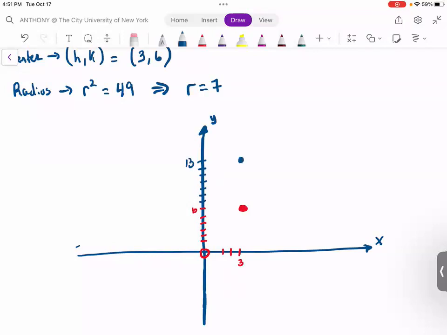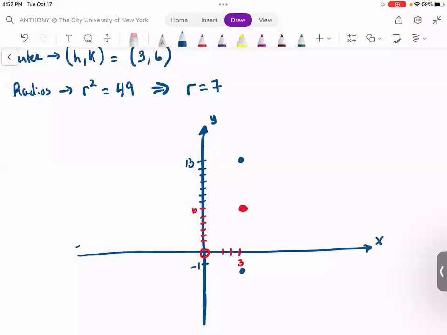I'm not labeling the points, because if I plot it, it's going to look a little messy. Now, starting back with the center, the point in red, if I went 7 units down, the x value didn't change, but what will be the y value? Negative 1. So you get 3, negative 1.